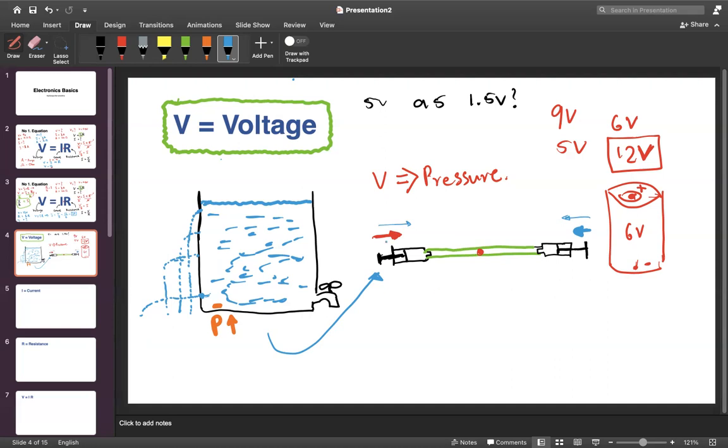So who has the highest pressure? The harder you push, the higher the pressure is. So who has the higher pressure? Me. Yes. So this syringe has higher pressure than this one, which has a little bit of pressure. Do you understand that, Himal? Yes, sir, I understood.